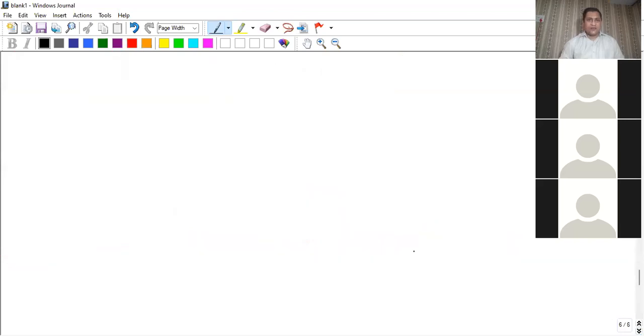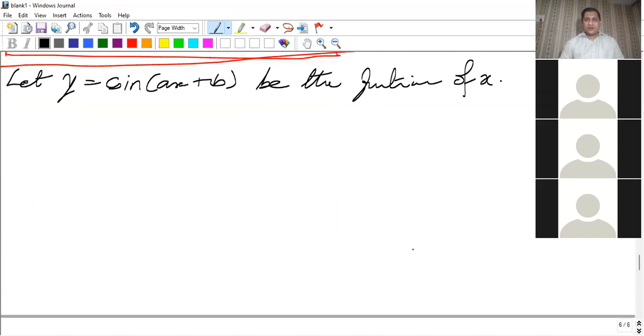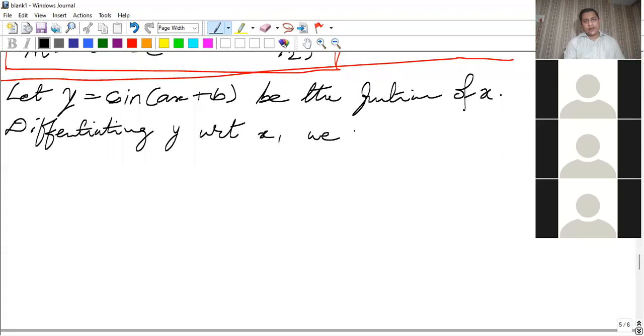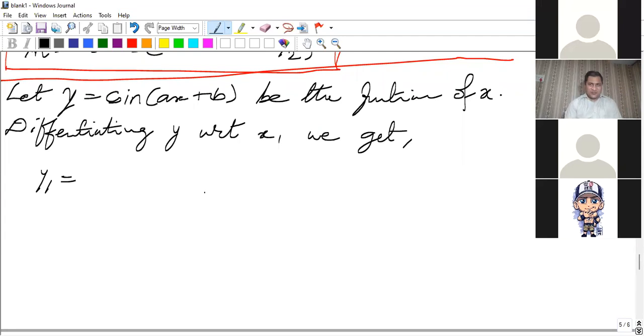Think of this function. What we do is differentiate. Differentiating y with respect to x, we get y1. What is the derivative we will have for this sine? Cos of ax plus b. Is that sufficient?